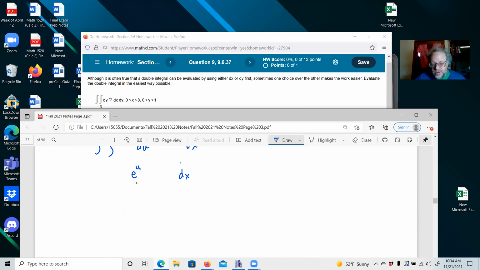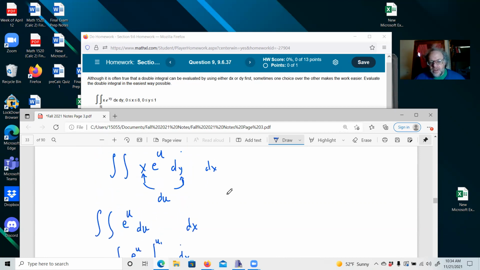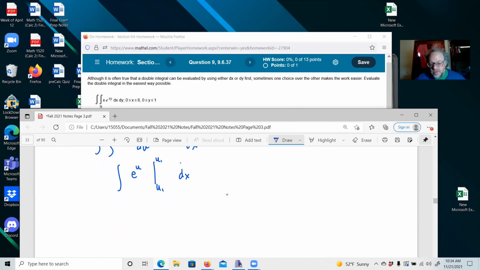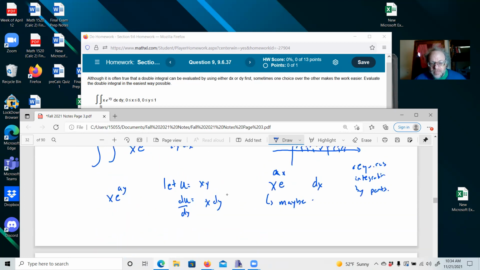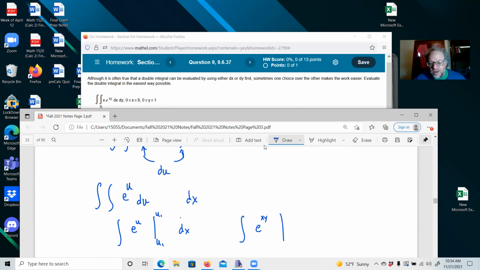Okay, we have a dx here. We have limits, but we're not going to quite talk about them just yet. So let's go back to the integral of e to the xy. What were the limits on my y value? My y value had the limits between 0 and 1.